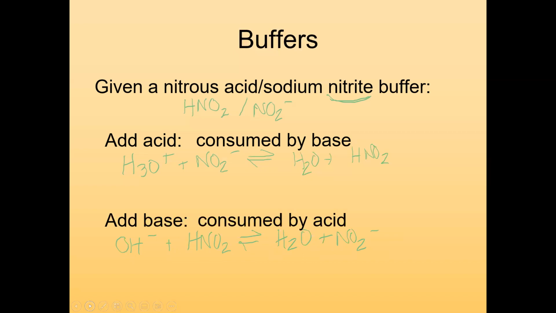One thing that you will notice is in both cases, for a buffer, it will always produce water in some way, shape, or form whenever it is neutralizing whatever added acid or base we have.